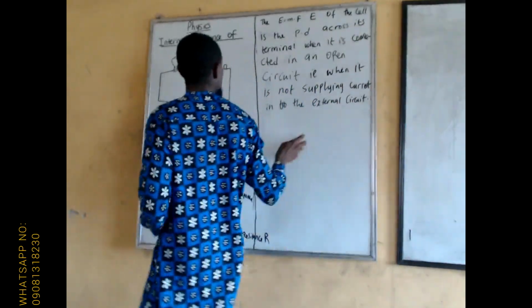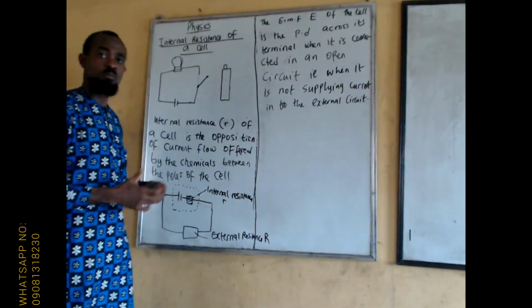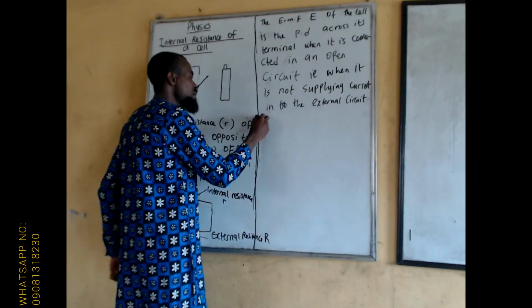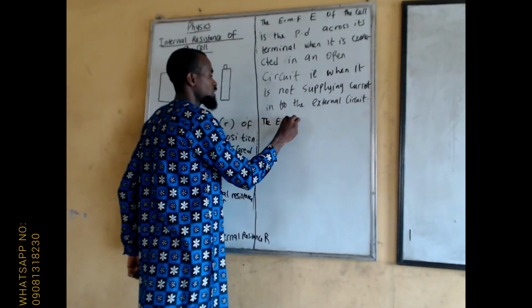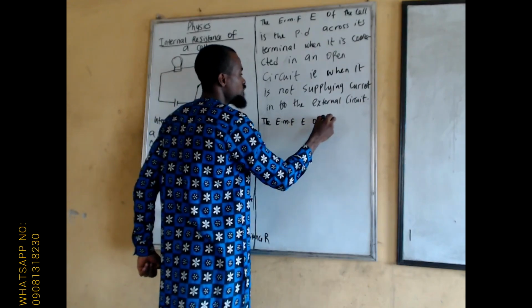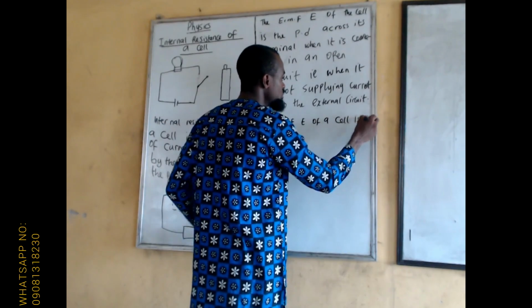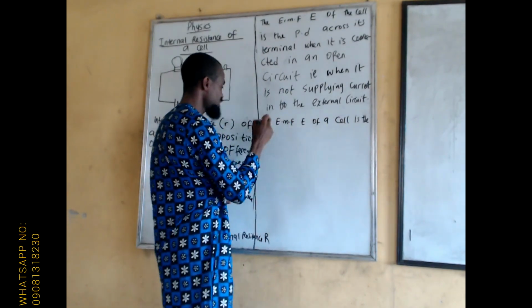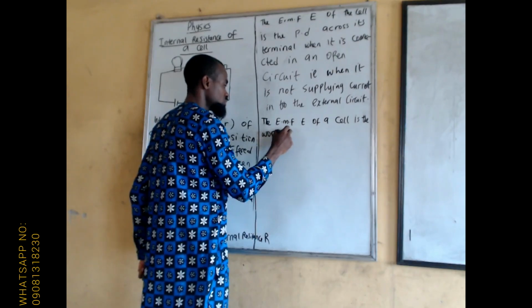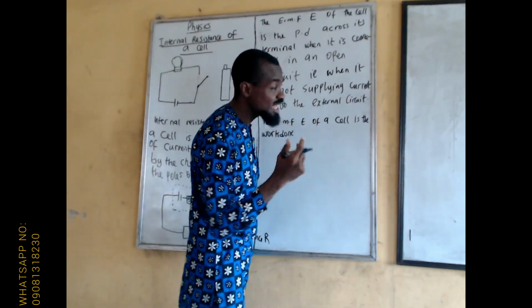Now, if you don't want to define the EMF of the cell this way, there's still another way, based on your knowledge, your understanding. The EMF, E, of a cell is the work done, as we have earlier defined EMF, but this time you are keeping internal resistance in mind.